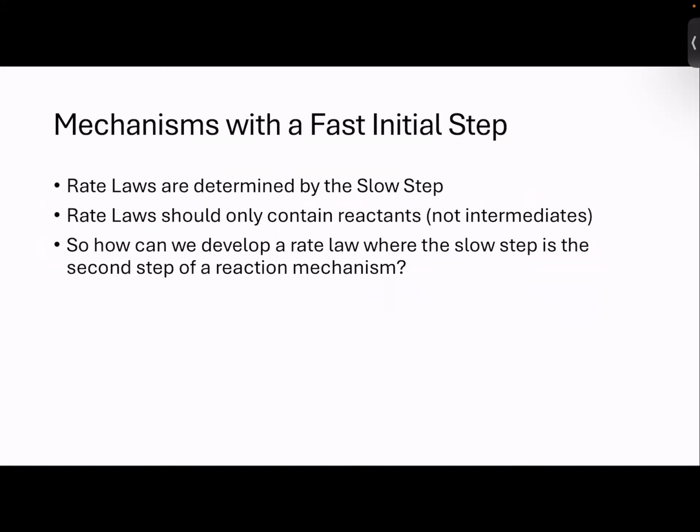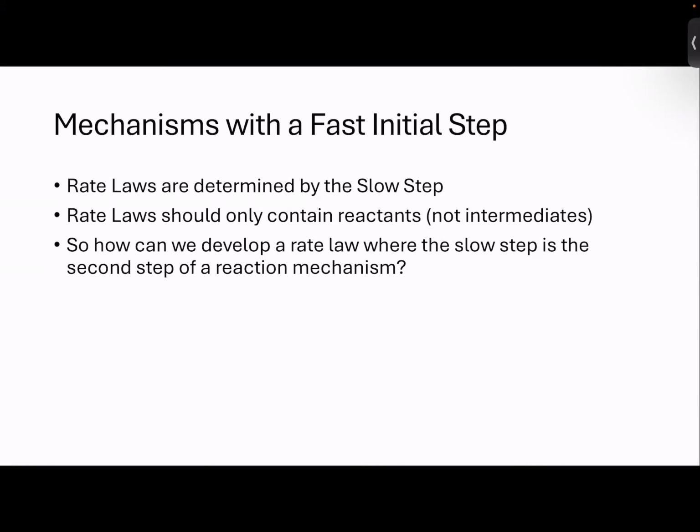It's easy if the rate determining step is the first step in the reaction, because all you got to do is look at that first reaction and determine the rate law for that elementary step, and you have the predicted rate law. It is more challenging if the first step is not the rate determining step.